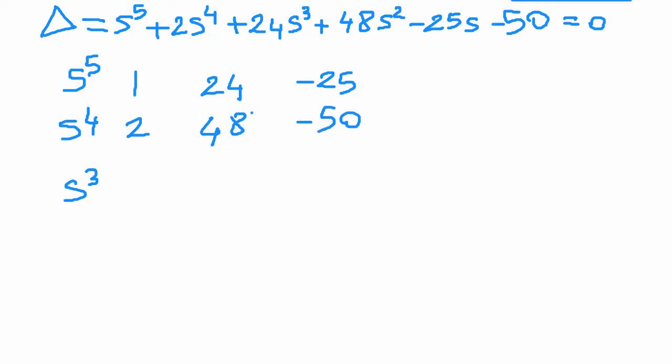What are you going to find for this one? 2 times 24 minus 48, which is 0. What about that one? 2 times 25 minus 50, which is 0 too.